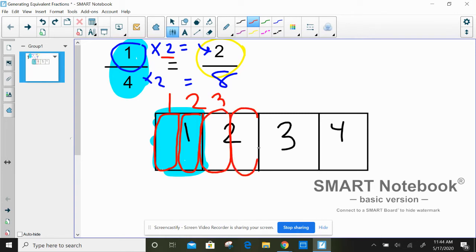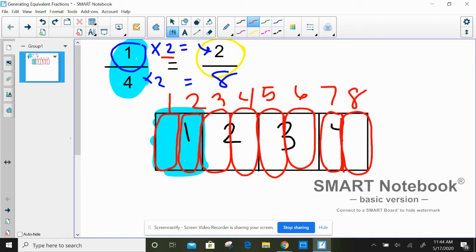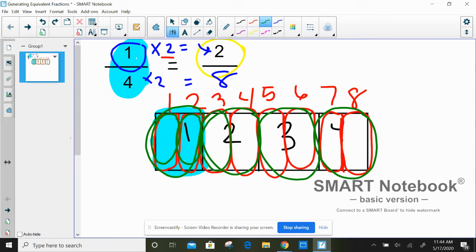So now I have 1, 2, 3, 4, 5, 6, and I see I'm just breaking them in half like this, and I'm just drawing groups here. 7, 8. So before, I had 1, 2, 3, 4 groups, but now I have 1, 2, 3, 4, 5, 6, 7, 8 groups.